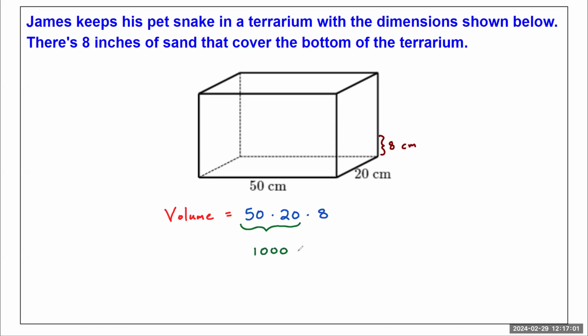Multiply that times 8, and that is going to give us a total volume of 8,000 cubic centimeters. And we'll use a capital V for volume. So we know that the amount of space that this sand is taking up is 8,000 cubic centimeters.